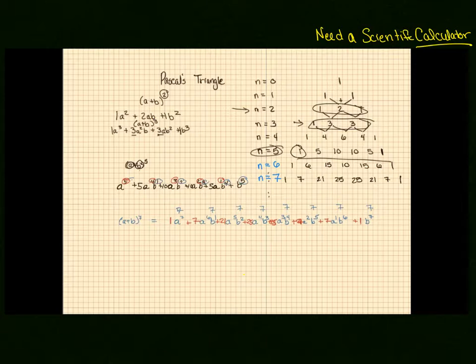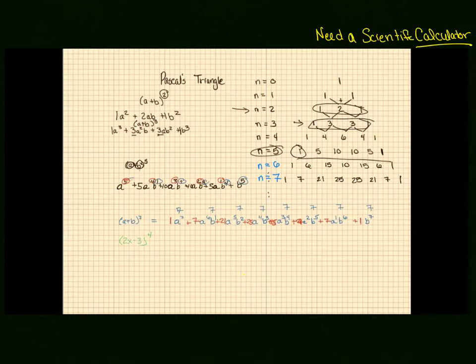Before we get into this too much further, I wanted to give one more example where it's not just a plus b. Let's make it a little more complicated. Let's say we've got 2x minus 3, and we're going to raise this to the 4th power, since we haven't done 4.